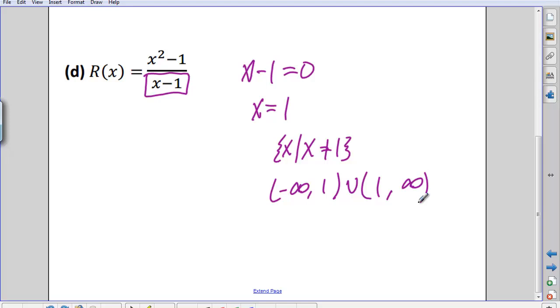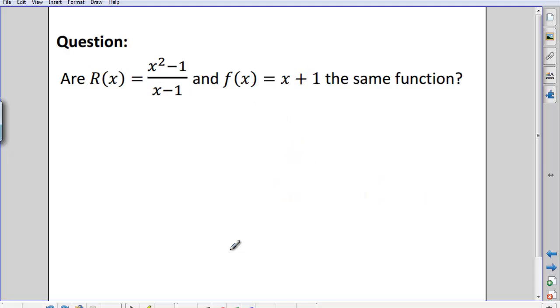Okay. Now let's look at this function a little bit more in depth, x squared minus 1 over x minus 1. The next question, this is just something to make you think a little bit. Are these two the same function? Here's that function we just worked with, and here is f of x equals x plus 1.